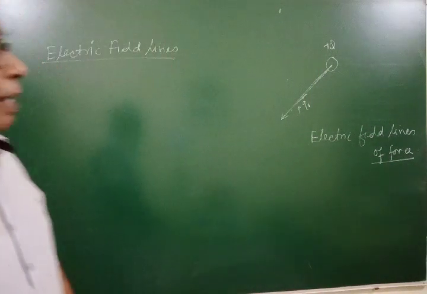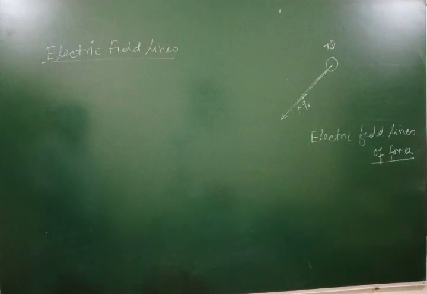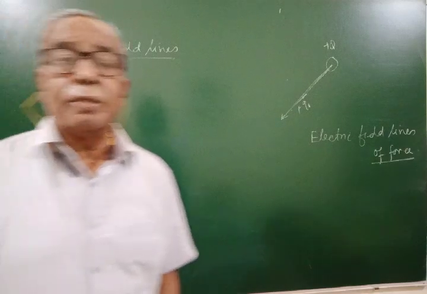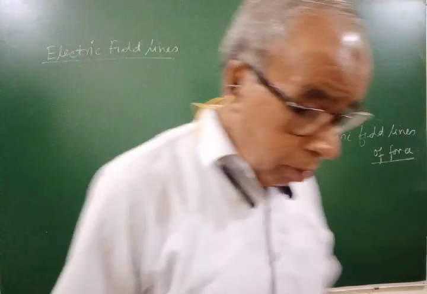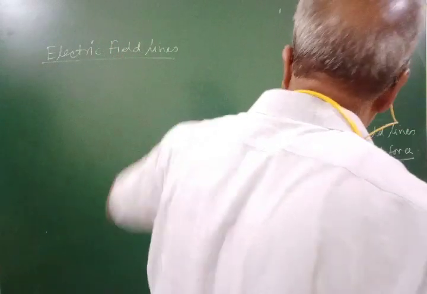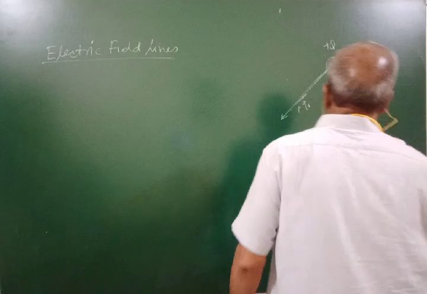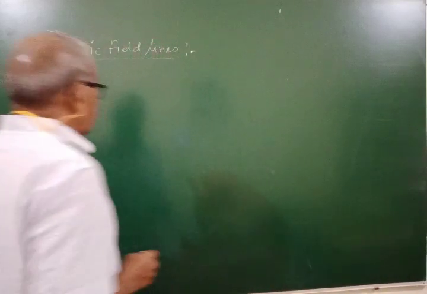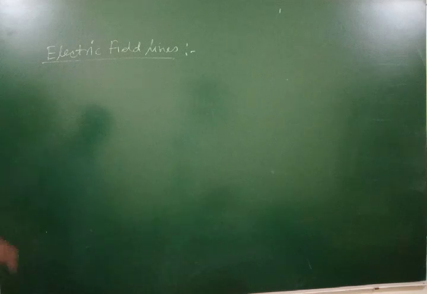So the line along which the force is exerted by a positive charge is called an electric field line. So electric field lines, by definition, you have to learn this thing only.